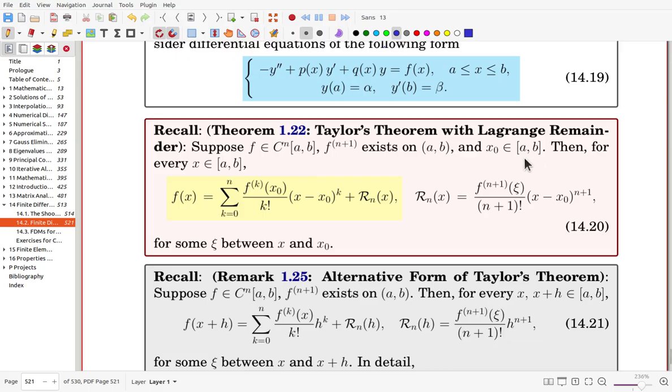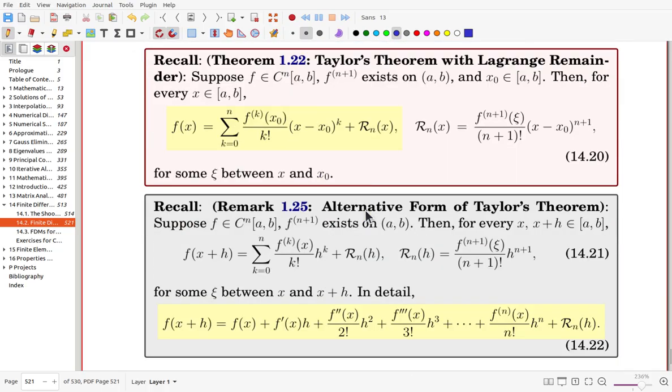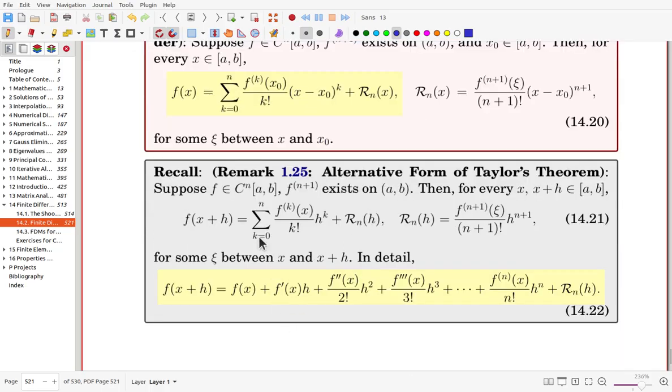Then for every x in the interval, we have such a polynomial, the nth degree polynomial, plus a remainder term. That is the Taylor theorem with a Lagrange remainder. This can be written in this way. It is an alternative form of the Taylor theorem.